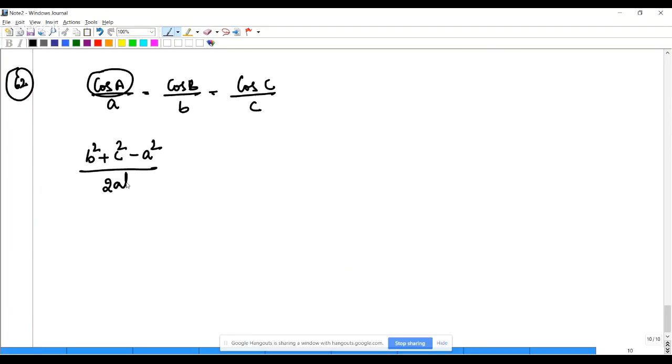So it will be 2abc because a is already here. The same thing becomes c square plus a square minus b square by 2abc. Here also this becomes a square plus b square minus c square by 2abc.